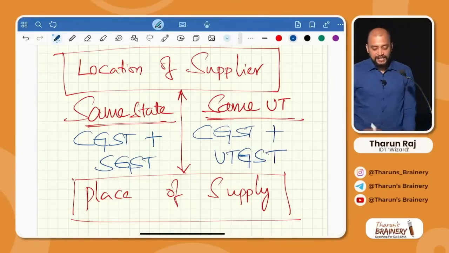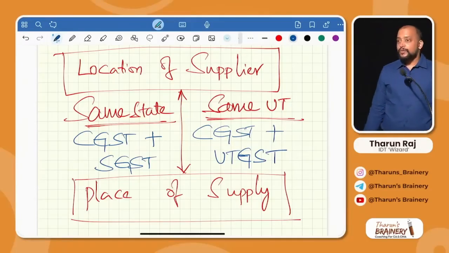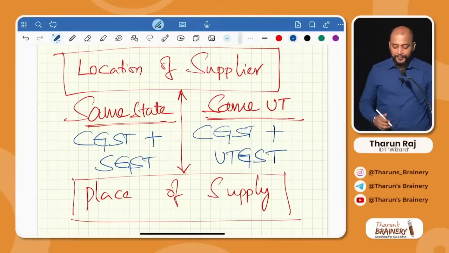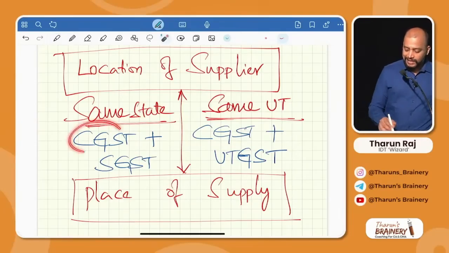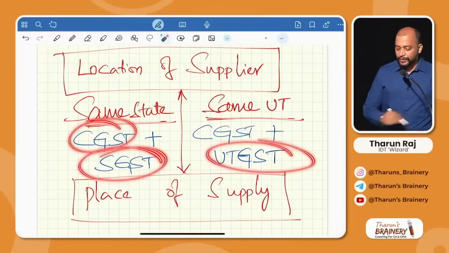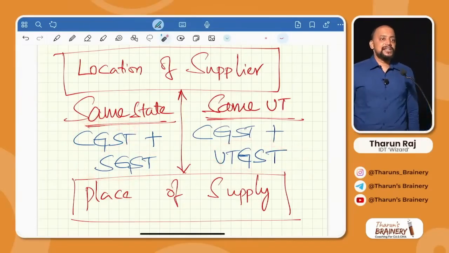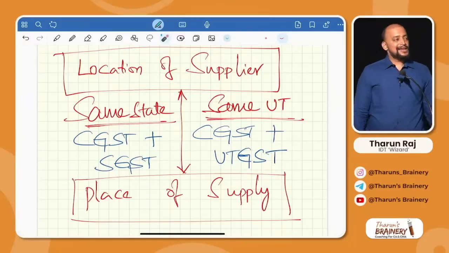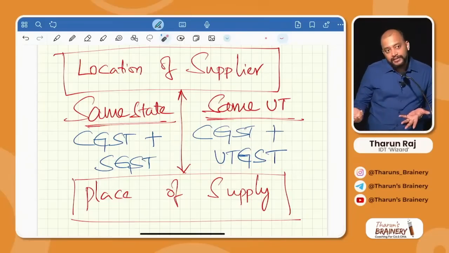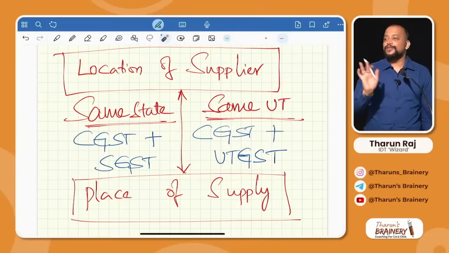So, from this, what are the three GSTs that we have? CGST, SGST, UTGST. CGST levied by the central government, SGST levied by the state government. Very good. Union territory GST is levied by the central government, not the union territory.